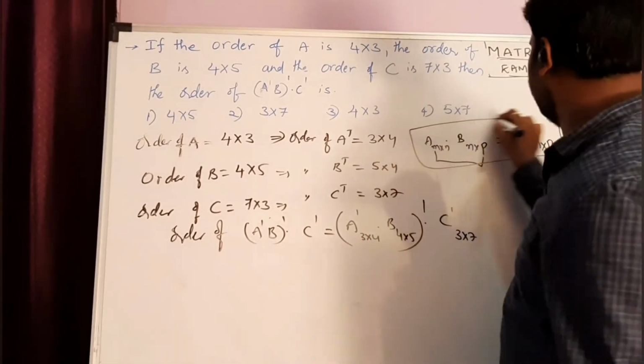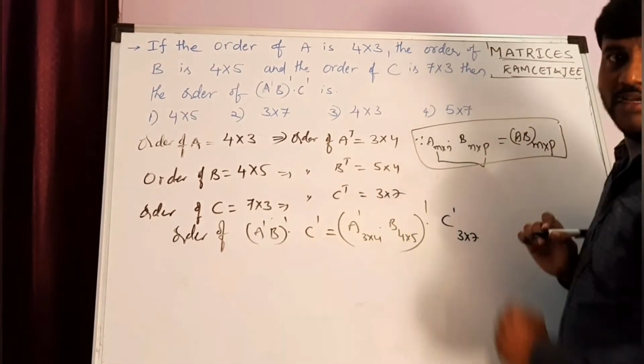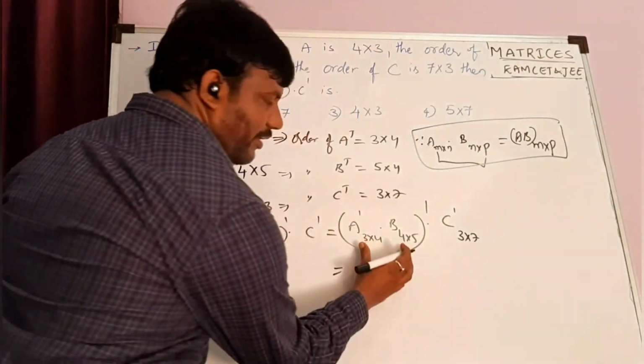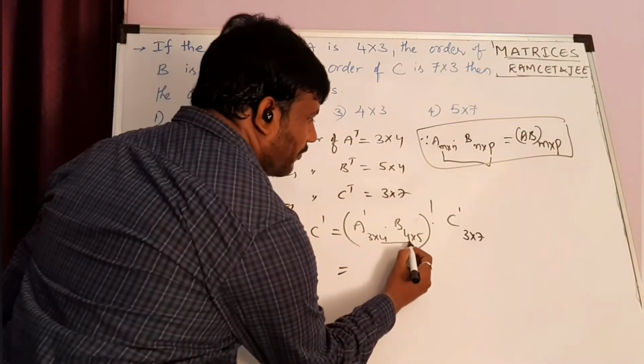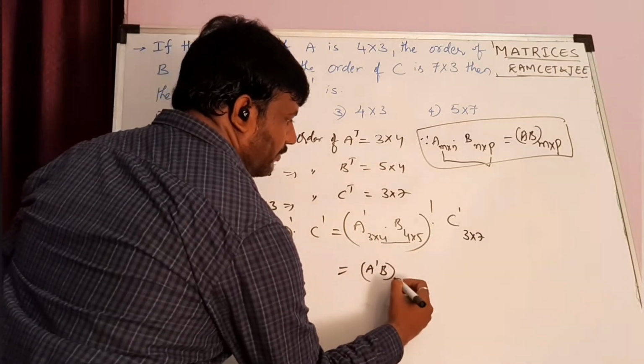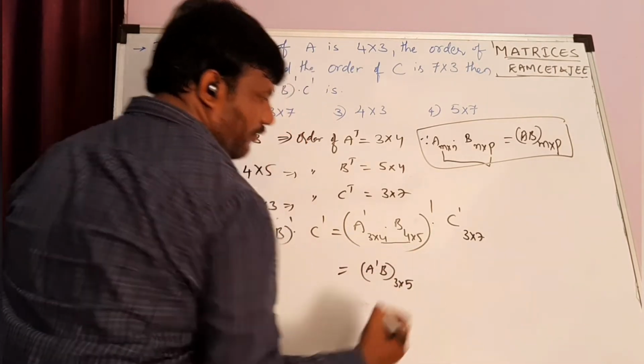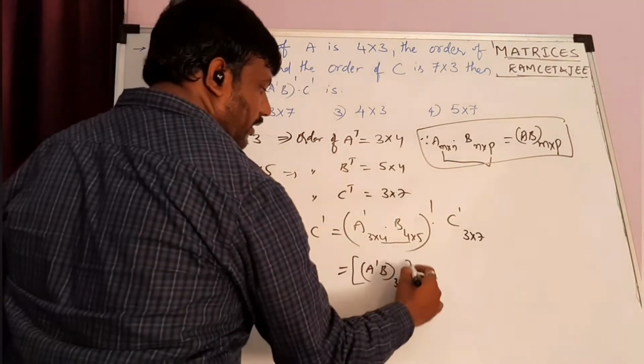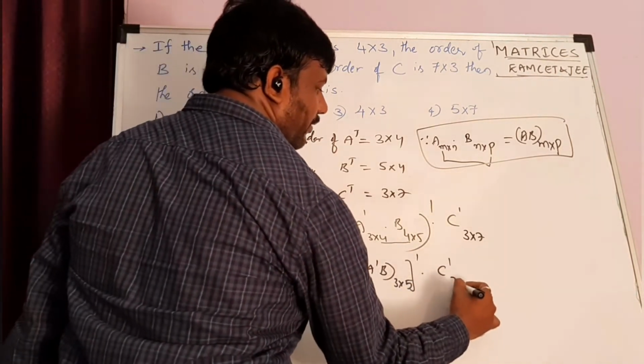Based on this, I solve this problem. Here matrix multiplication is possible in the sense that the order is the same, 4 and 4. Now this complete product will be 3 by 5, and then the transpose, into C dash, which is 3 by 7.